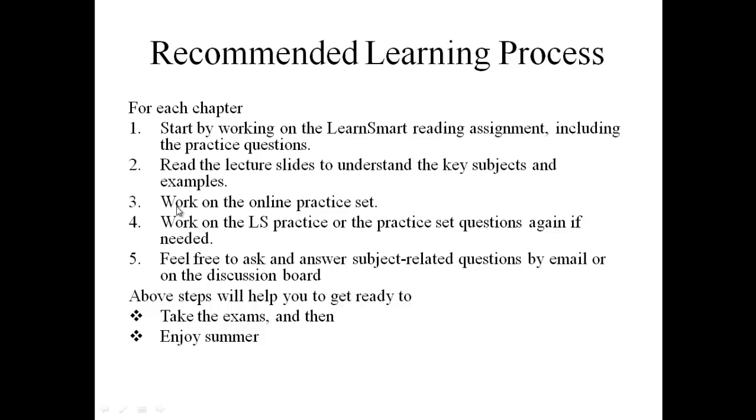You can also try to work on the online practice set and repeat these practice questions again if you need to, and make sure you earn the assignment grade, and hopefully if you do all these, you are ready for the exams.